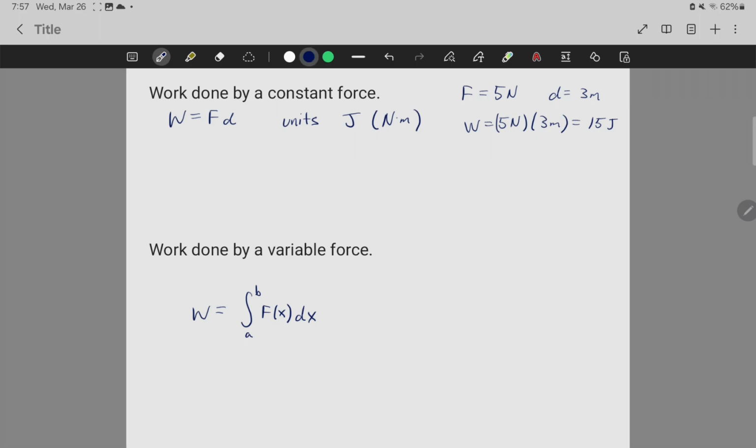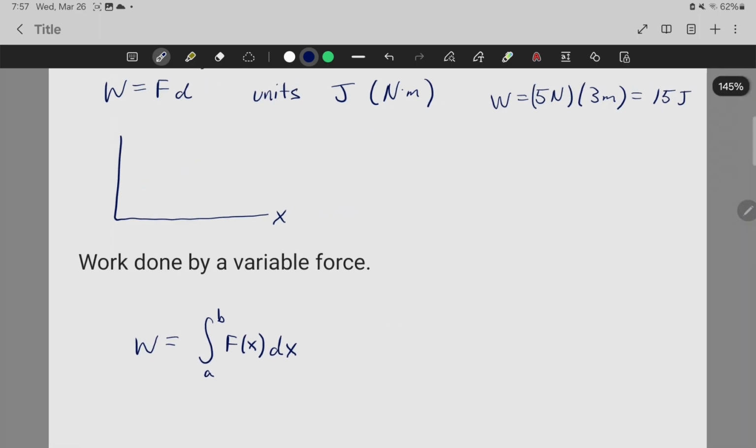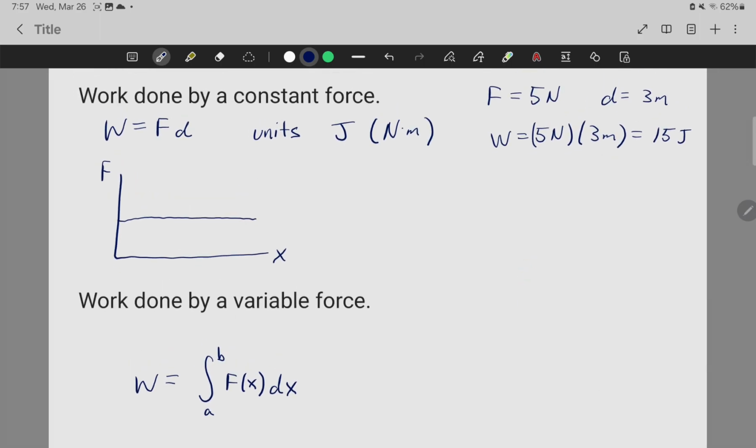For a constant force, in the first example, if we have a graph where distance is on the x-axis and force is on the y-axis, then no matter the distance, the force is constantly that 5 newtons. So this is a constant force.